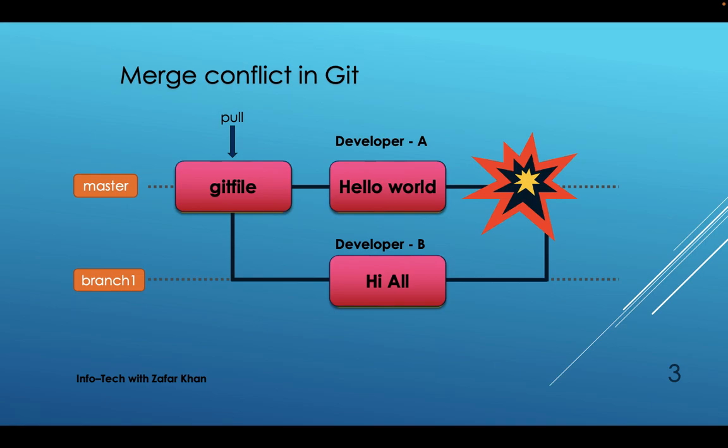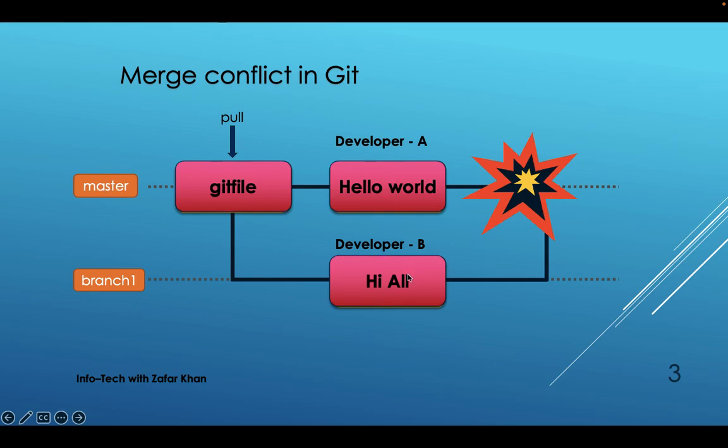Okay. So this diagram is basically showing a perfect example of how a typical Git merge conflict occurs. Let's assume that there is a developer A and a developer B. Developer A is working in this Git file on the master branch.